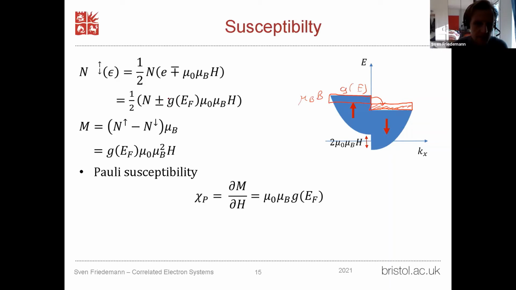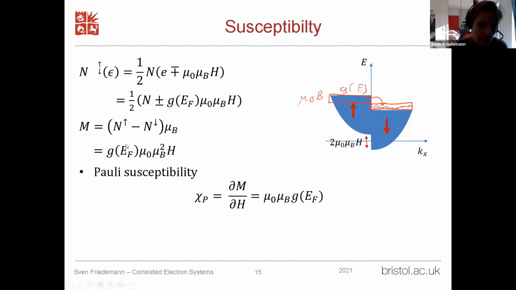And that's exactly what we can use to compute the difference in the number of spin up and spin down states. Now this number difference also is proportional to the total magnetization, because the more spin ups or the more spin downs you've got, the more magnetization you've got in that direction.